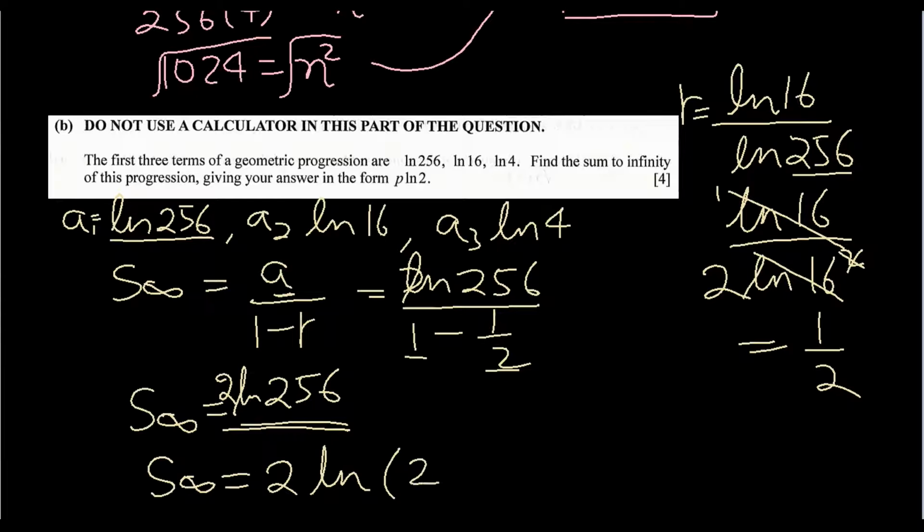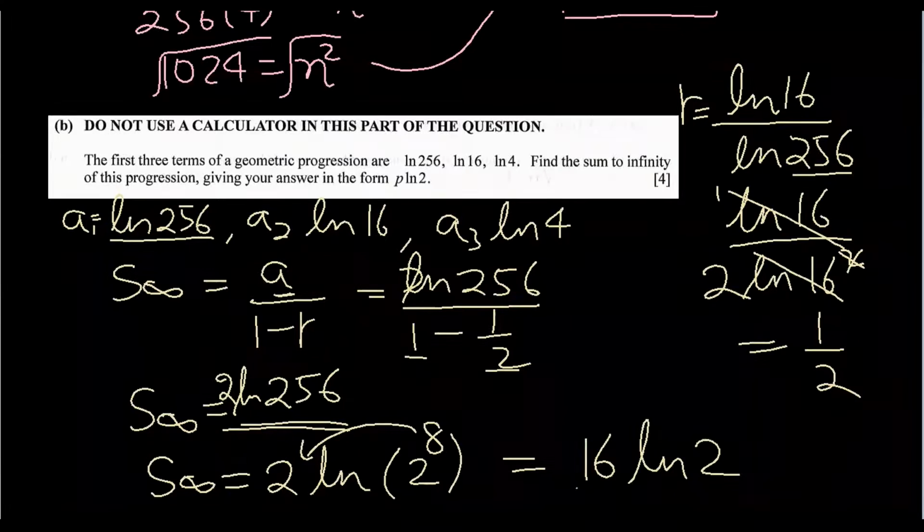You can do it manually, but do not show a sign of using calculator here. I know that 2 to the power 8 is 256, and again this 8 can come and become a coefficient. 2 times 8 is 16. So 16 ln 2 is the final answer, where 16 is p. That's it.